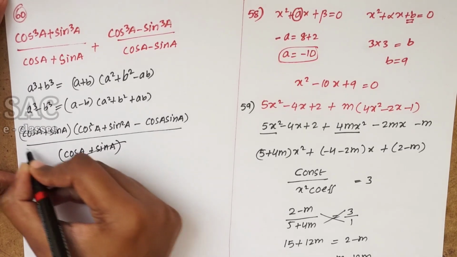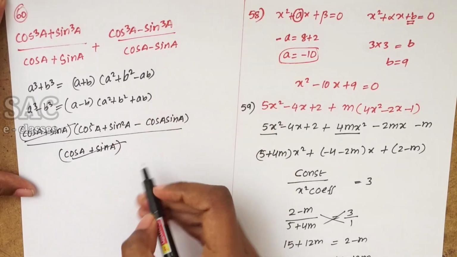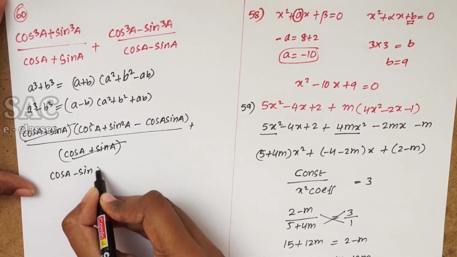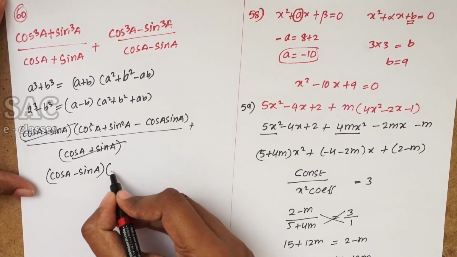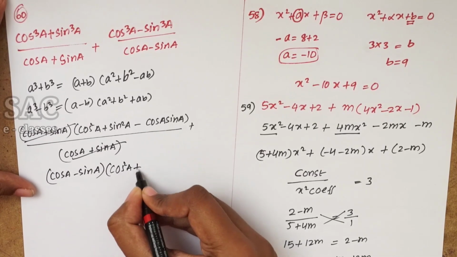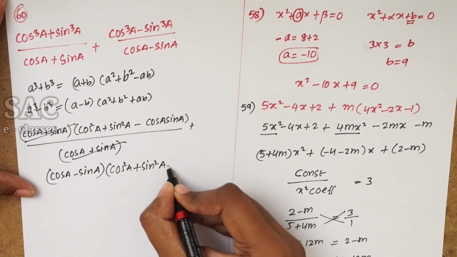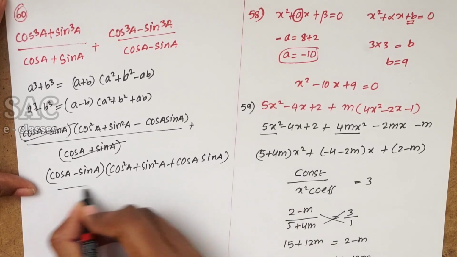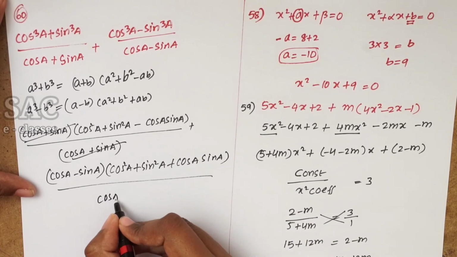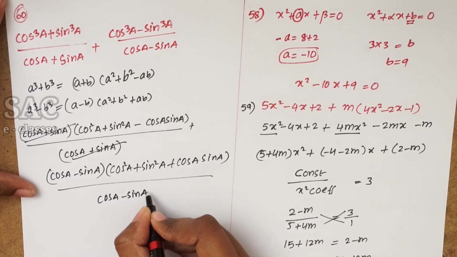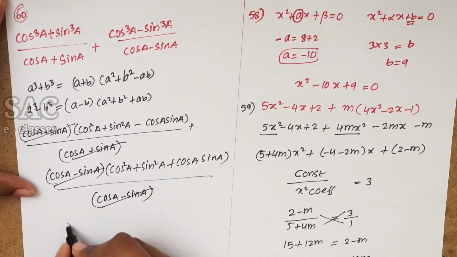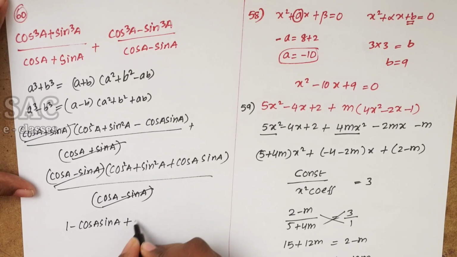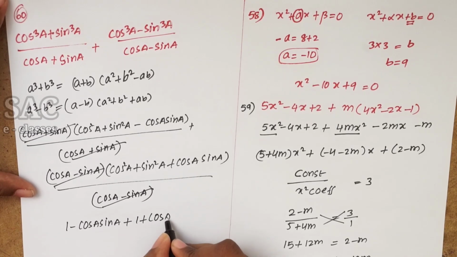Only the first one I have taken, getting the same. In the same manner, taking cos a minus sin a into cos square a plus sin square a plus cos a sin a, by cos a minus sin a, we get 1 minus cos a sin a plus 1 plus cos a sin a.